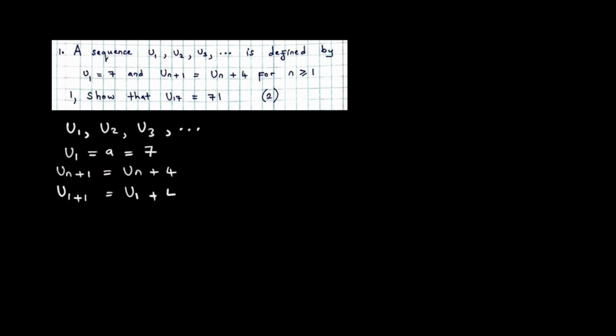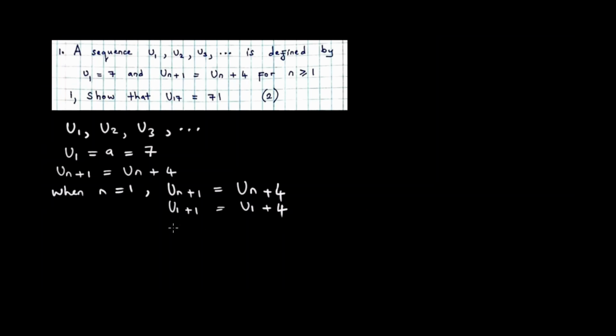It could have made more sense to write it like this: when n is equal to 1, un plus 1 is equal to un plus 4, so u1 plus 1 is equal to u1 plus 4. This is how the relation in our question is used.